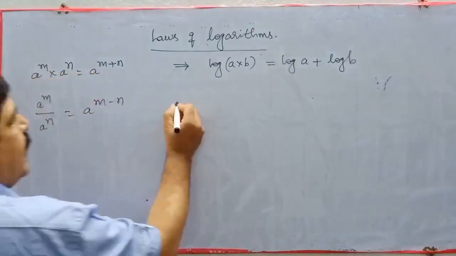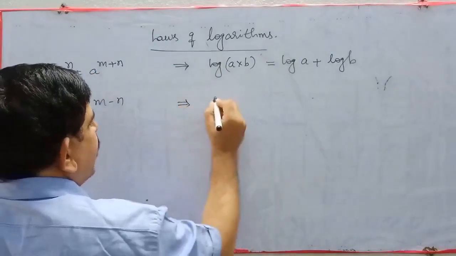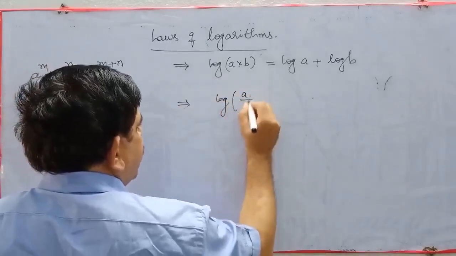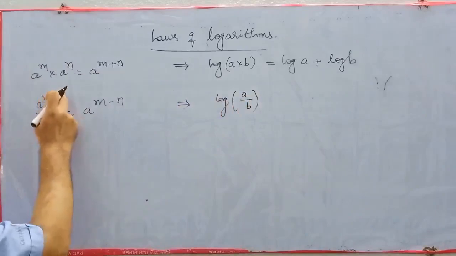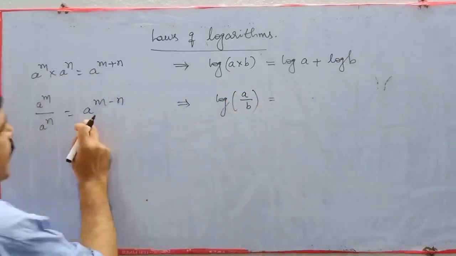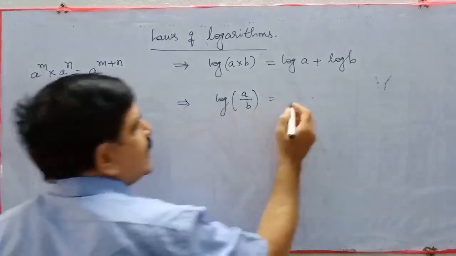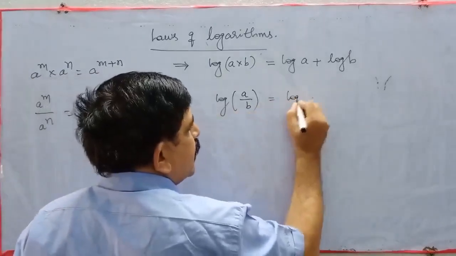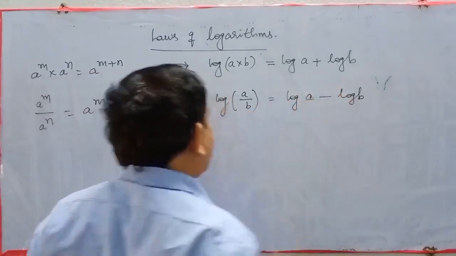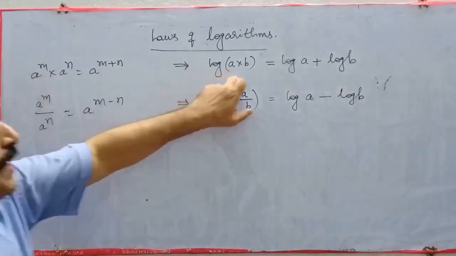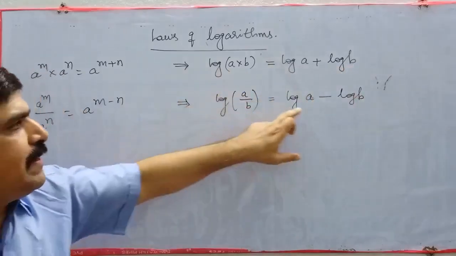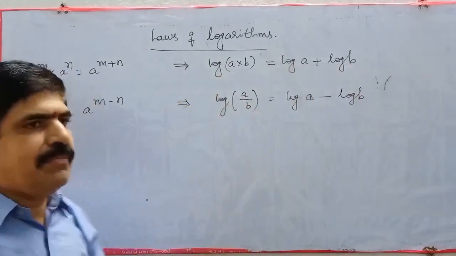In the same way we can write the logarithmic form as log of a by b, which can be written as log a minus log b. So log a into b is equal to log a plus log b, and log a by b is equal to log a minus log b.